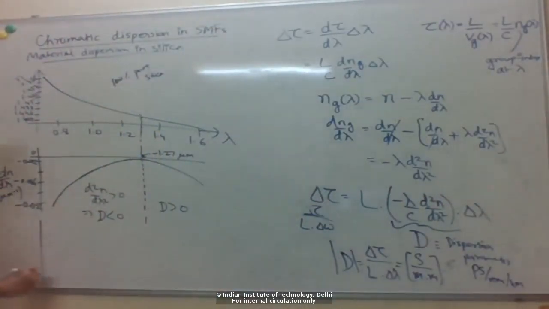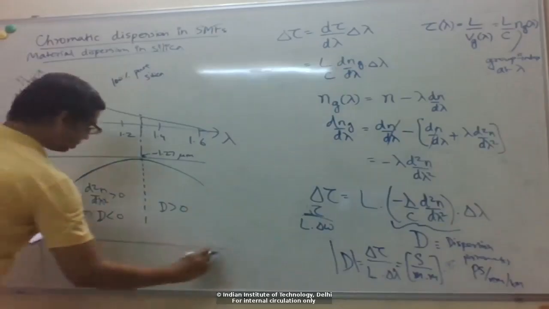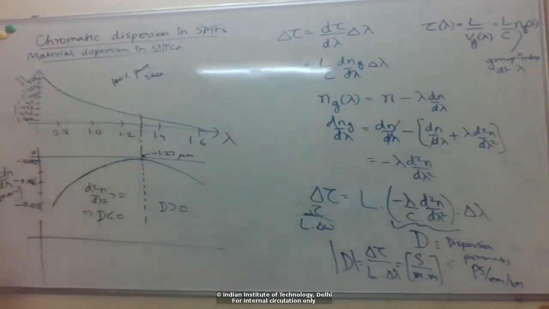Okay, so now I've got D, the dispersion parameter. We put a subscript n to denote its material dispersion. Again, units are picosecond per nanometer per kilometer.